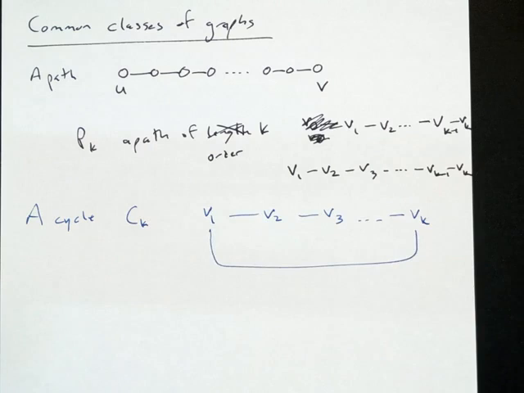There. A cycle looks like a ring of vertices. A cycle of order 3 is a triangle. A cycle of order 4 is a rectangle. A cycle of order 5 is a pentagon, and so on. A cycle of order k is k vertices in a ring.